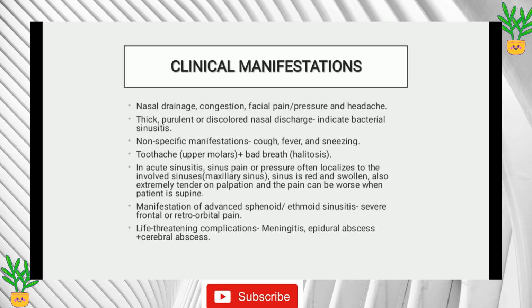And there are some life-threatening complications also when we ignore sinusitis or don't treat it well, which include meningitis, that is the infection of the meninges, and epidural abscesses and cerebral abscesses also will be there.